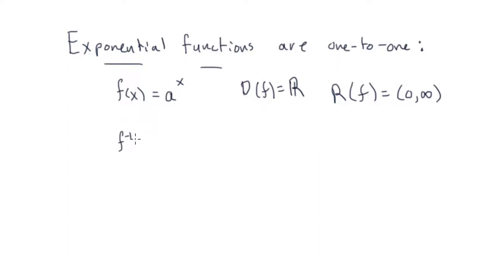And the inverse, now remember this number a is called the base of the exponential. It's also going to be the base of the logarithm that is the inverse of that exponential function. So this is log base a of x.